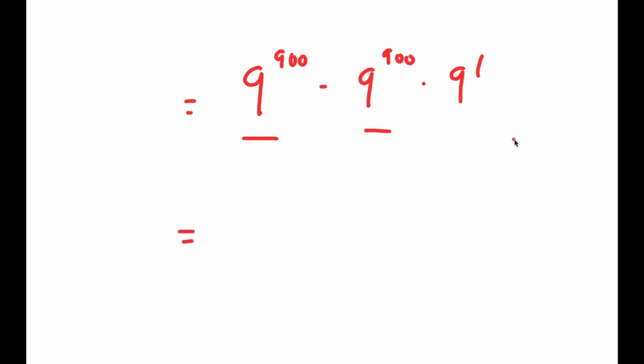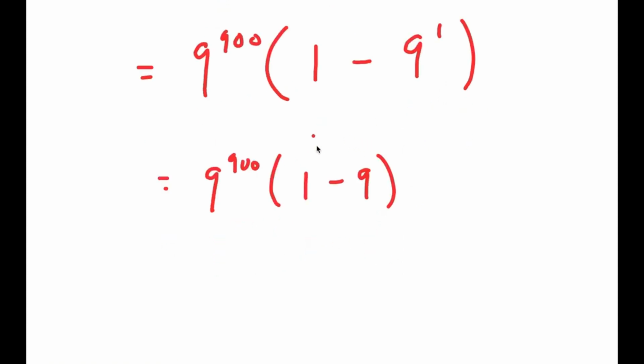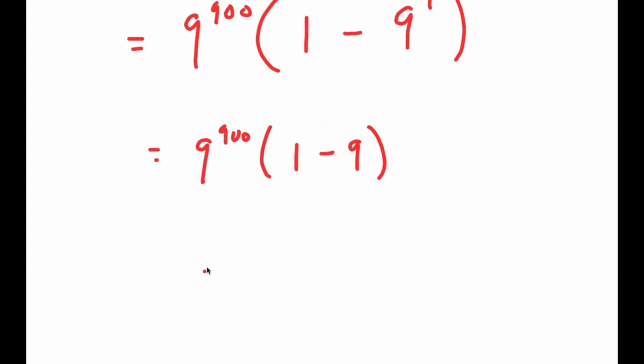So I'm going to factor out 9 to the power of 900, which is what I said I was going to do at the beginning of the video. So now I get 9 to the power of 900 times 1 minus 9 to the power of 1. And this is equal to 9 to the power of 900 times 1 minus 9, because 9 to the power of 1 is the same thing as 9. Now 1 minus 9 is equal to negative 8, so I get 9 to the power of 900 times negative 8.